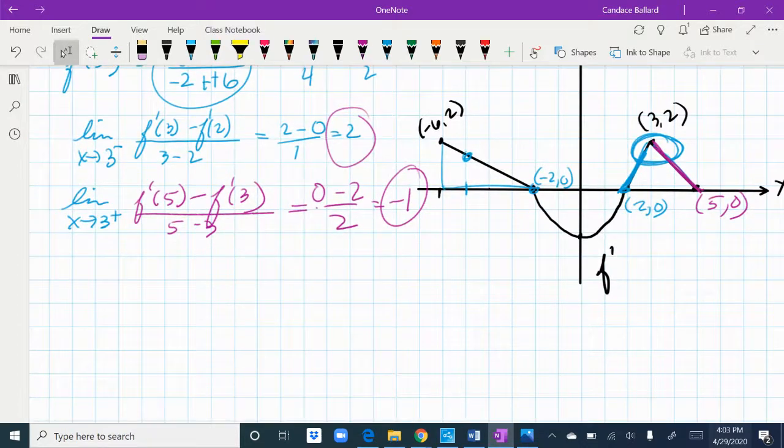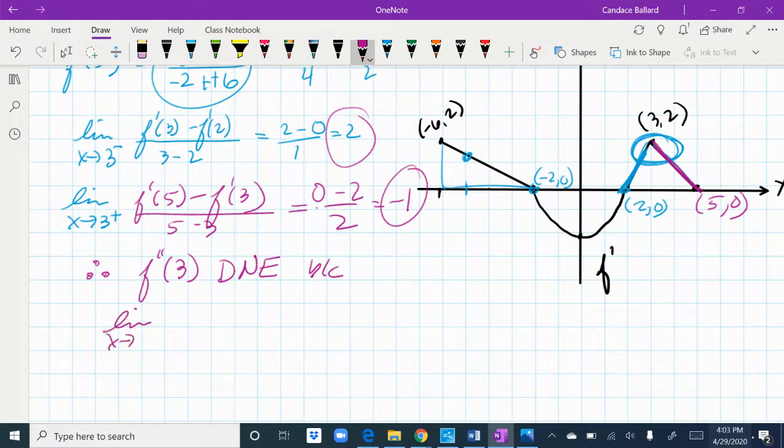So I'm going to write that concluding statement. Therefore, f double prime of 3 does not exist. You may use the abbreviation DNE for does not exist, because the limit as x approaches 3 from the left of this function does not equal the limit from the right.